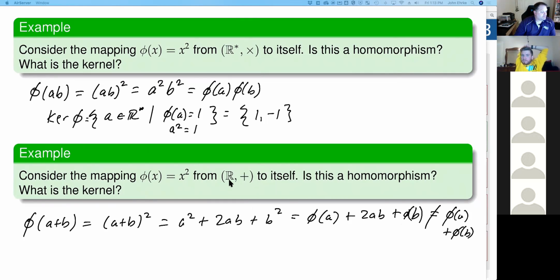But I'm not restricting myself to just the 0 map. So it's not a homomorphism, no matter how hard we try.